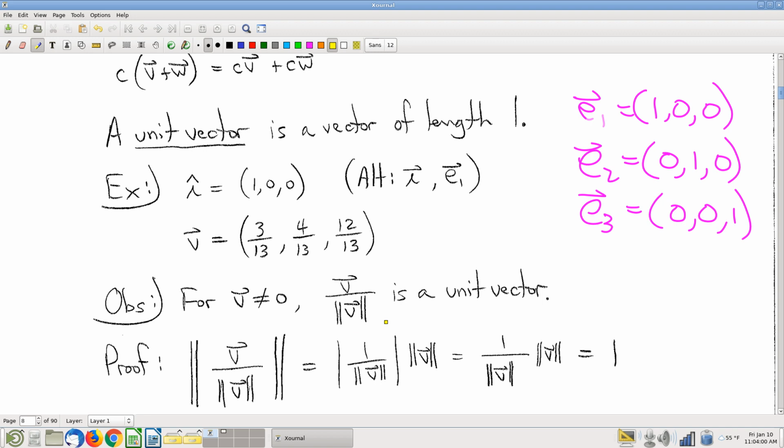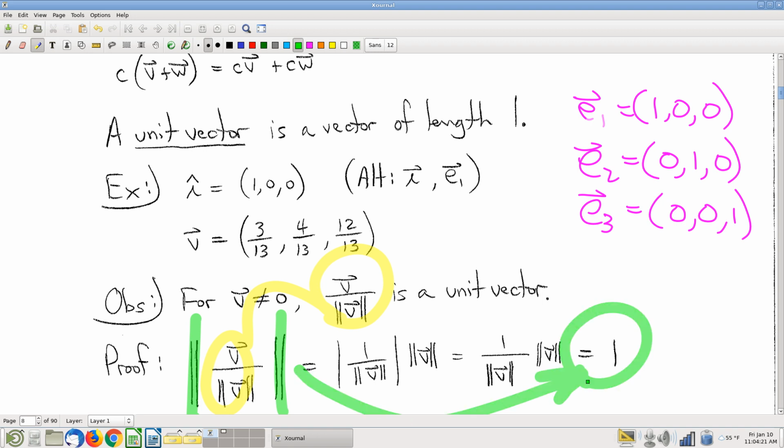Since I'm only multiplying by a scalar, this is obviously going to point in the same direction as V. Is this a unit vector? Well, notice I can take the vector and I can compute its magnitude. A couple of details to work out, but the magnitude is 1, and therefore, yes, this is a unit vector.